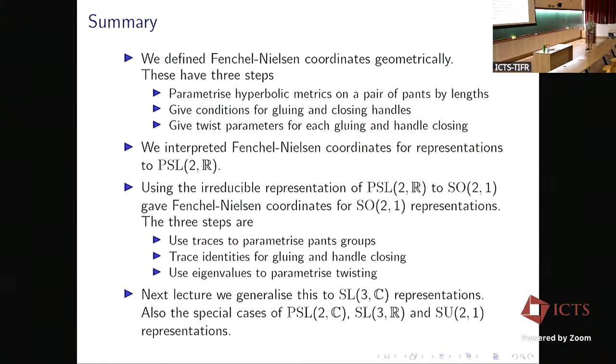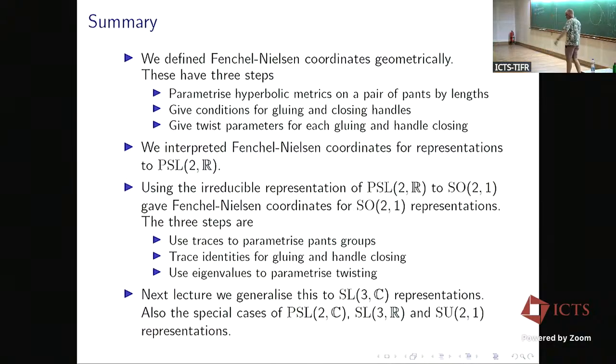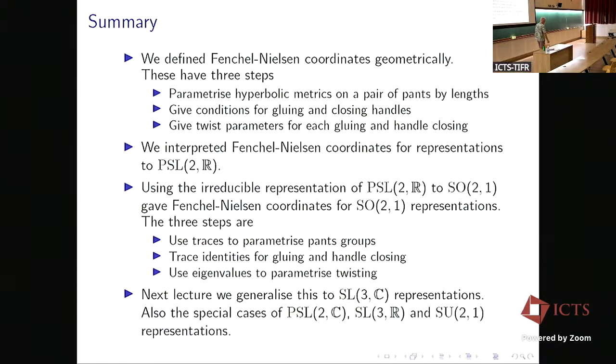Okay, so let's summarize. We've defined Fenchel-Nielsen coordinates geometrically in 3 steps: parameterize your pants, work out how to glue (or close handles), and work out how to twist. We then interpreted those in terms of matrices in PSL(2,R), and then we thought about the irreducible representation, because what I really want is to think about them in terms of SO(2,1).